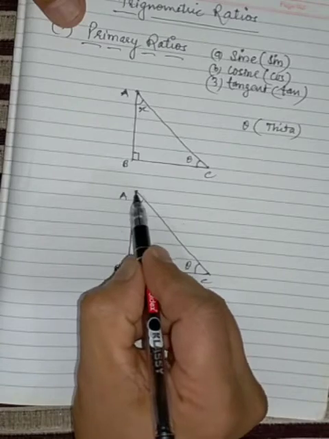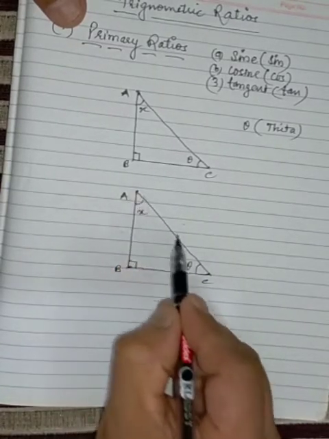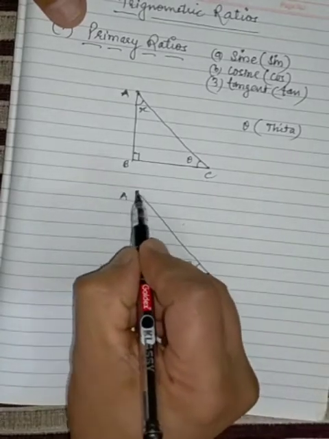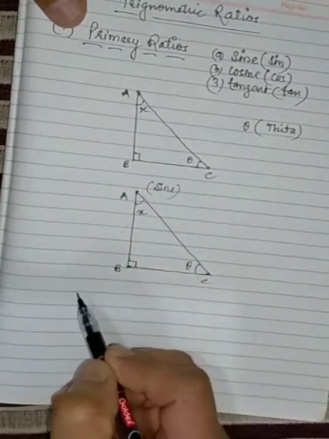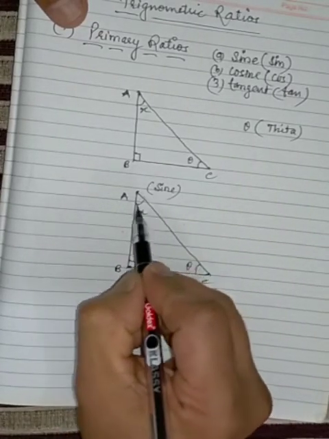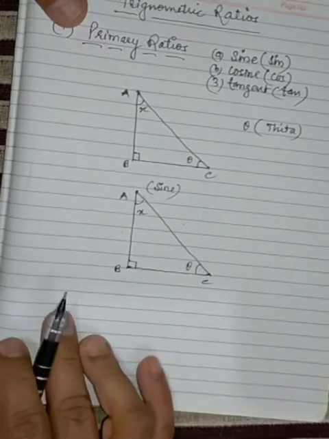So point A is the junction point where perpendicular and hypotenuse are joining. So this point defines sine. That means sine is the ratio of perpendicular and the hypotenuse.